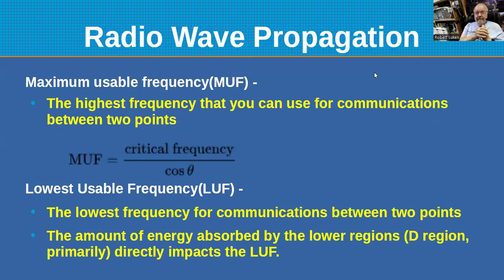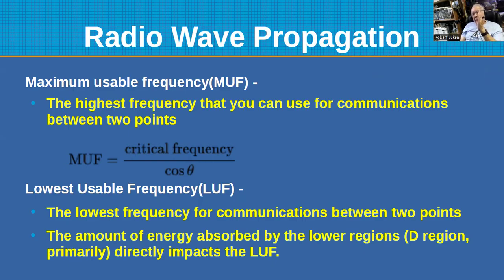Okay, so the MUF is the maximum usable frequency. There's that formula they used, and the cosine of theta is the incident angle. In other words, the elevation angle of your wave. If it's perpendicular to the Earth, then the cosine of 90 is going to be 1, so it means the MUF is going to be equal to the critical frequency.